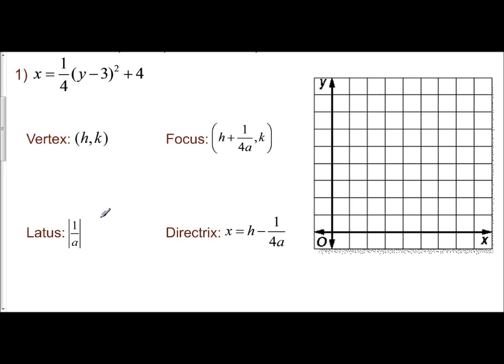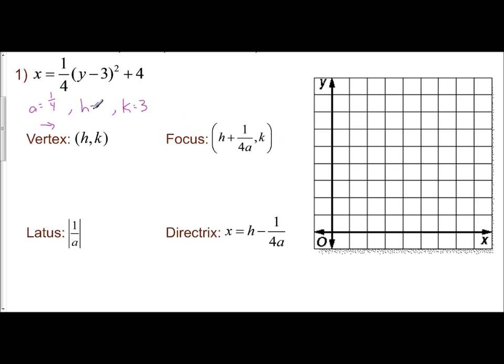so we can graph. In this first example, x equals 1/4 times the quantity y minus 3 squared plus 4. It is in standard form already, so a is 1/4. It's a horizontal parabola with a positive a value, which means it's going to be opening to the right. K is attached to your y, so k is 3.